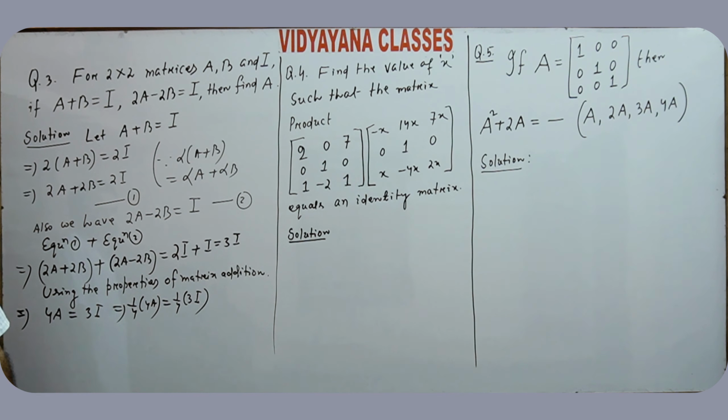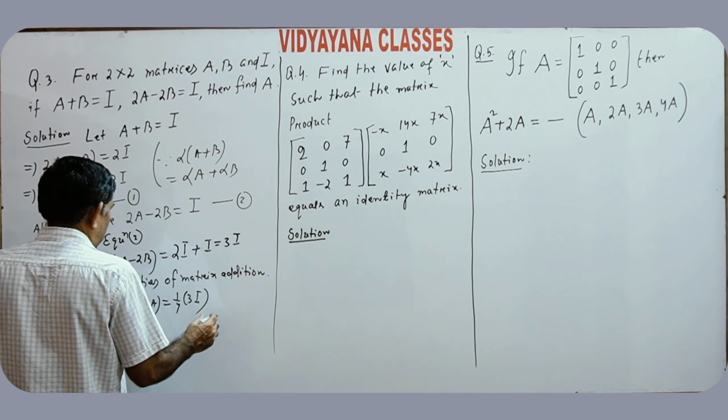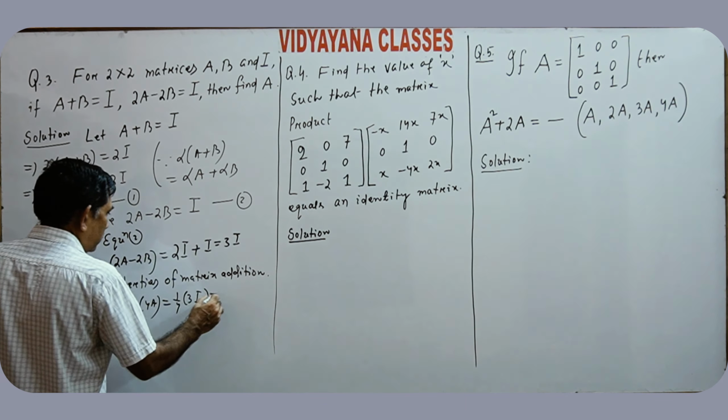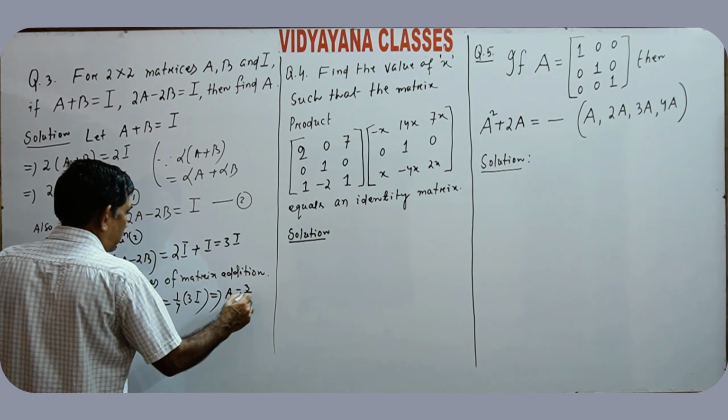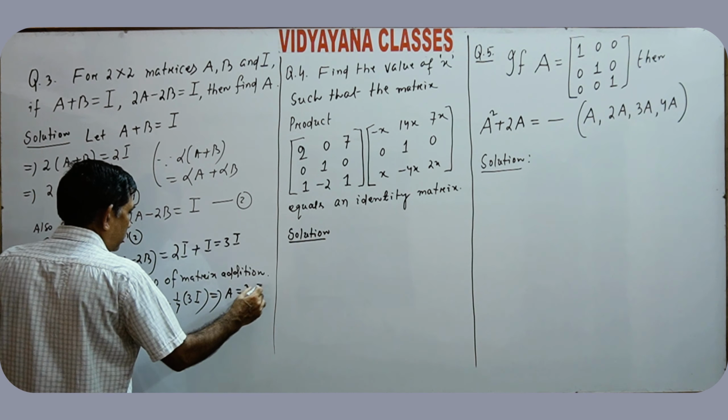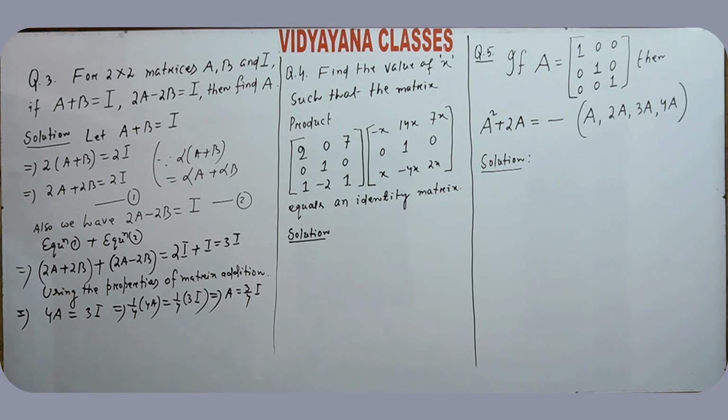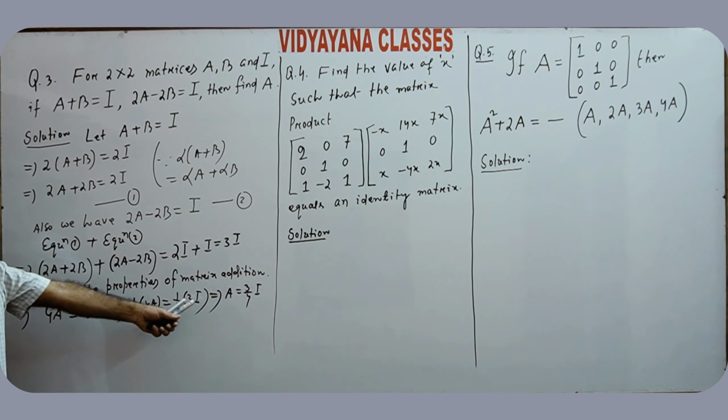Matrix multiplication is closed. Multiplying 1 by 4 on both sides implies A is equal to 3 by 4 I. Clear?